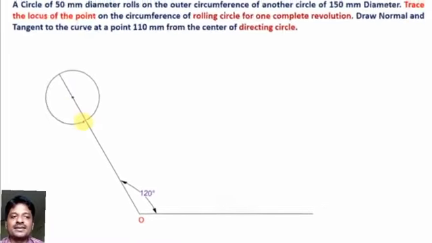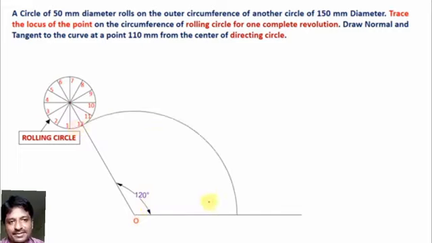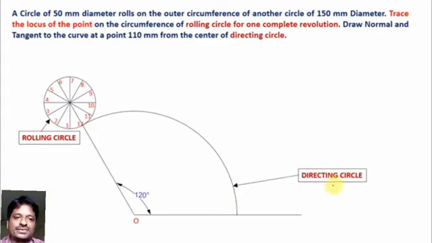Now divide the rolling circle into 12 equal parts. So how to divide into 12 equal parts? We can make an angle of 30 degree each. Now put your compass at the point O and open your compass from O to 12 and make an arc like this. So this represents the directing circle. Now this rolling circle will roll over from here to here.